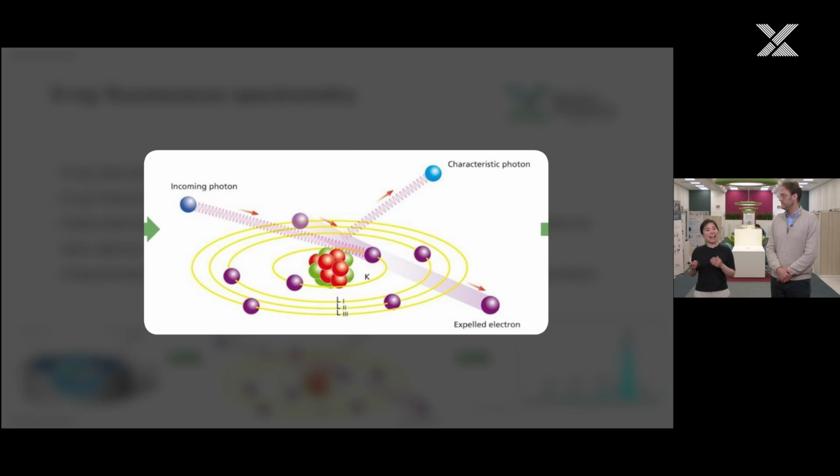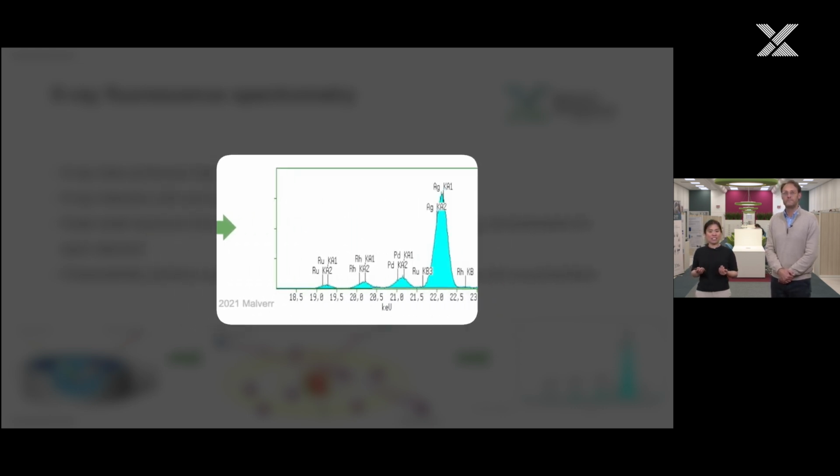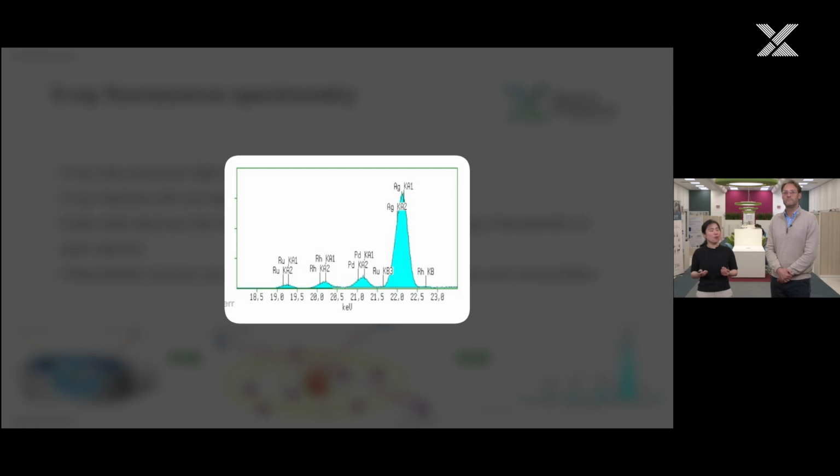In order to bring the atom back to a stable state, the outer shell electrons will fall into the inner shell and at the same time release an X-ray with energy that is characteristic for the element. Those characteristic X-ray photons are used to determine the element and later to quantify the concentration of each element.